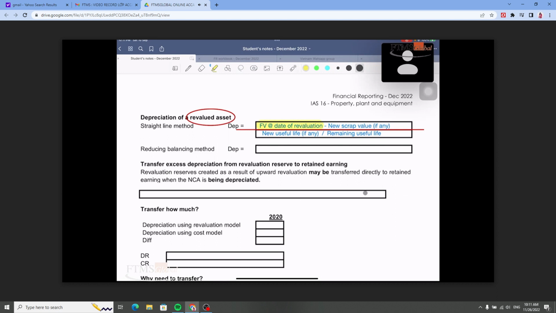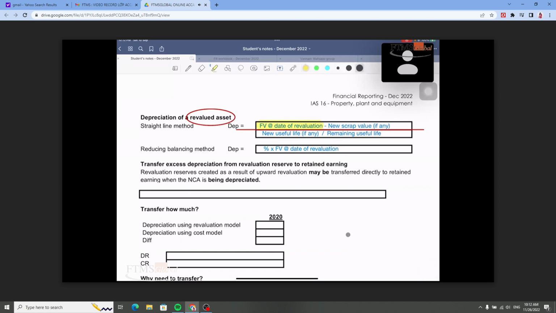Then for reducing balance method, what you will do, of course, is I will not use the cost again, right? I will just use the percentage given, then multiply same thing by the fair value at date of revaluation. So end of the day I do not use my cost anymore.